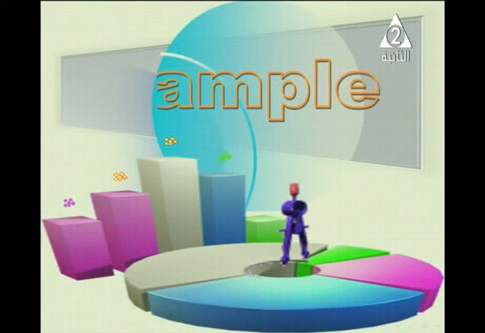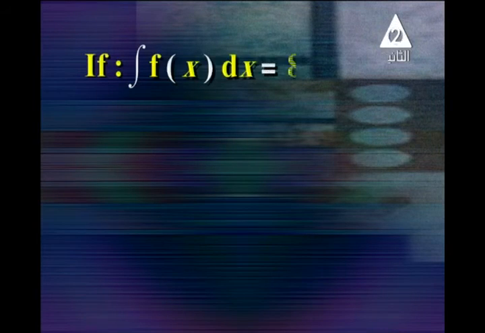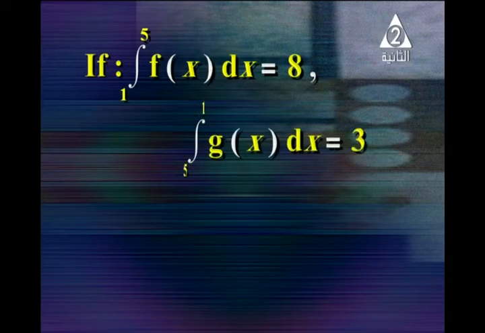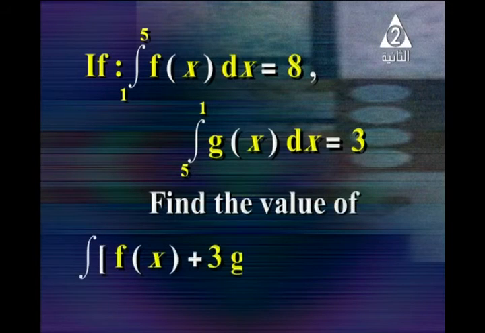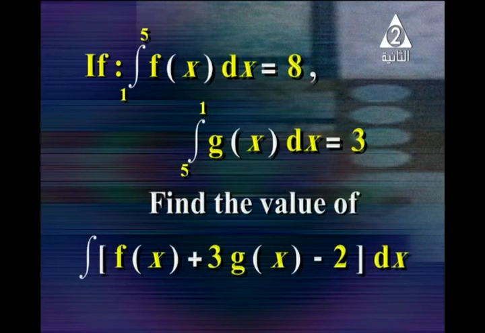Another example. If the integration of f of x dx from 1 to 5 equals 8, and the integration from 5 to 1 of g of x dx equals 3, what is required? Find the value of the integration of f of x plus 3 g of x minus 2, inside the bracket, with respect to dx.